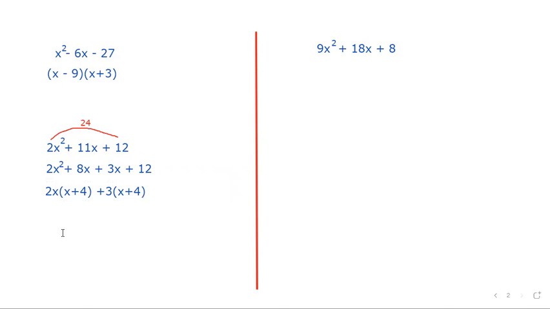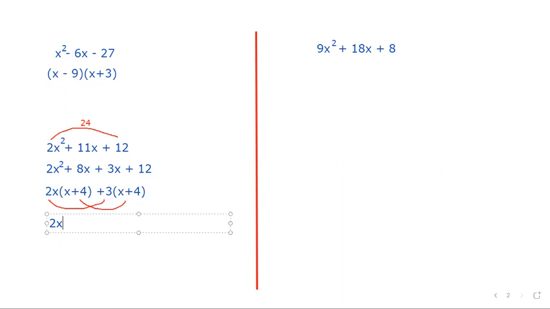So now we have x plus 4 in both terms. So we simply put it like this. We're going to say 2x plus 3 and x plus 4. You know you're doing this correctly because it's always going to work out like that, where you have the same terms, in this case, that x plus 4, the front and the back.